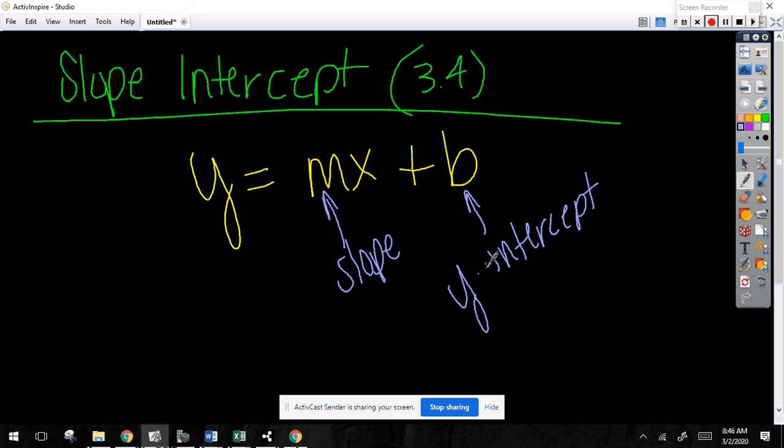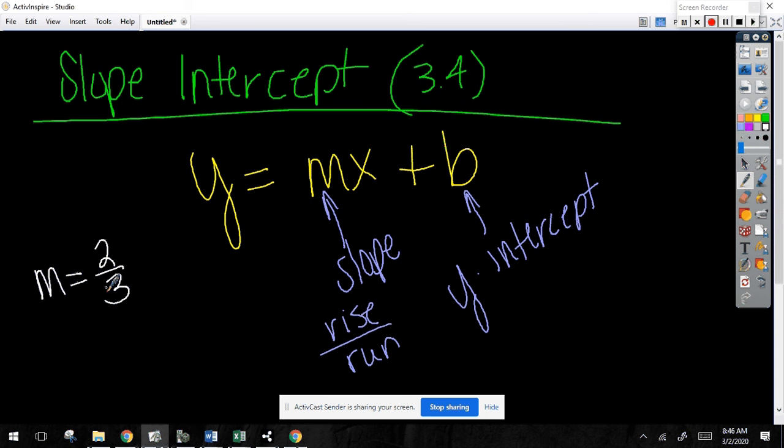Tell me another way to describe slope. Rise over run. Good job. So if you think about this, let's say I had a slope of 2/3.